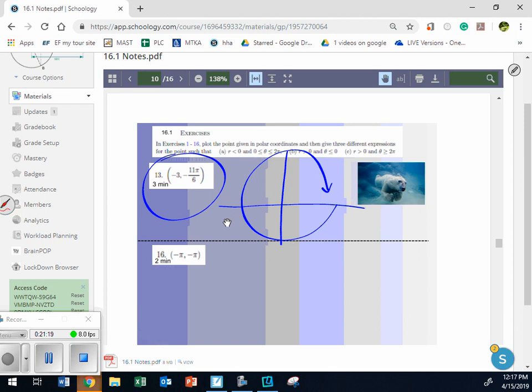Do it with a positive r, and then you'll reflect it over to make it negative. So what they're asking for is this point right here is right there. I'm trying to show you it's got its reflected point over here. Find both of them. And what they want is 3 other names for that point right there.